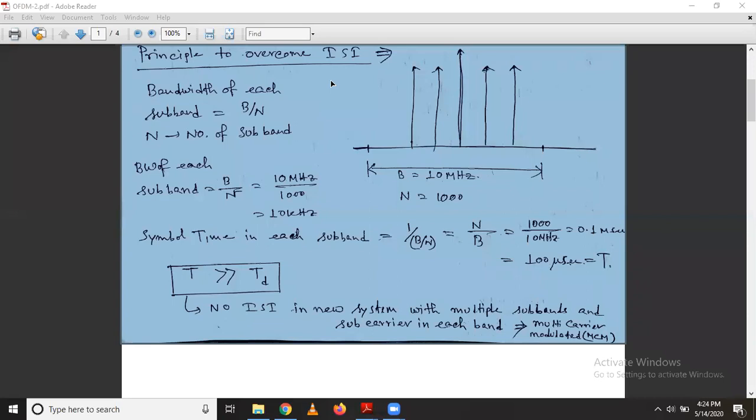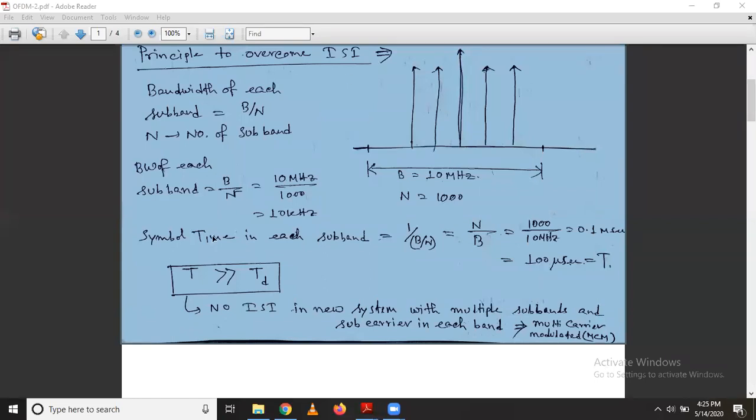This system is known as the multi-carrier modulation system, MCM, in which the whole bandwidth is divided into parts so that we can avoid the problem of inter-symbol interference.